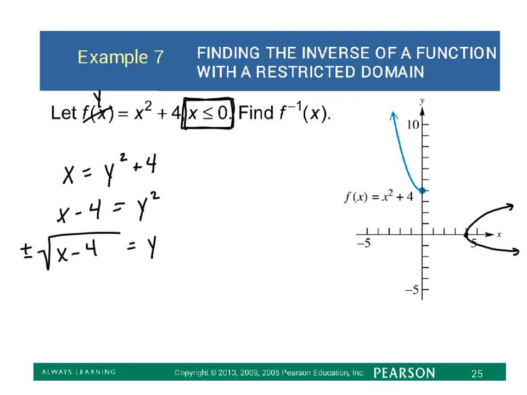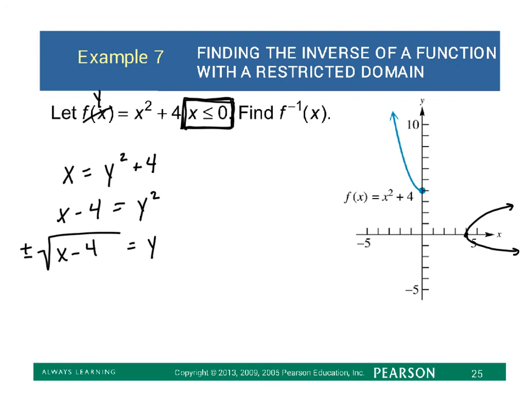Okay, but we only want the part that is, the domain is restricted here to x is less than or equal to 0. Well, that is going to be our restriction for the range for the inverse function.